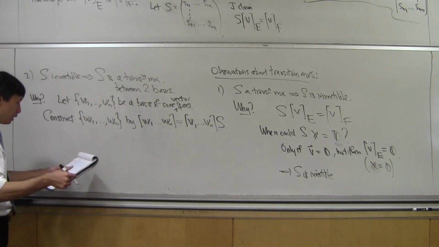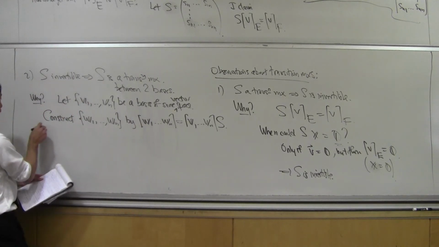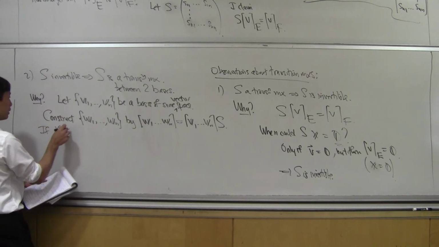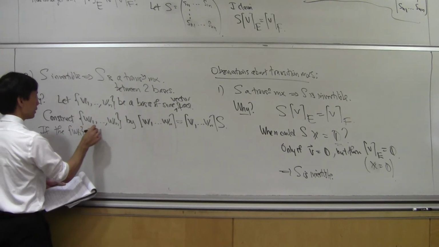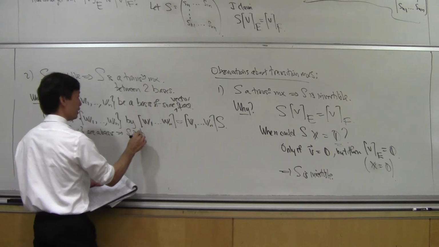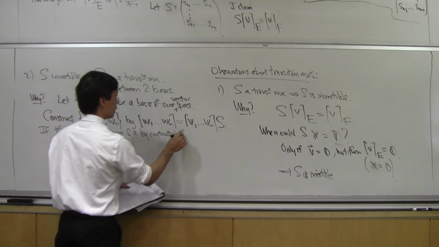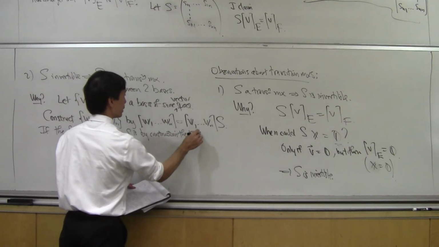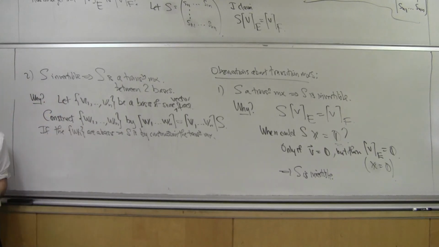So then in my construction, if the W_i's are a basis, then S is by construction the transition matrix from the V's to the W's, because we made it that way.